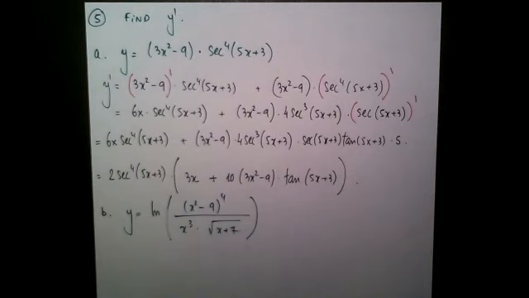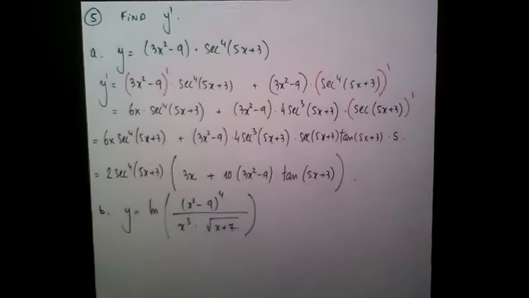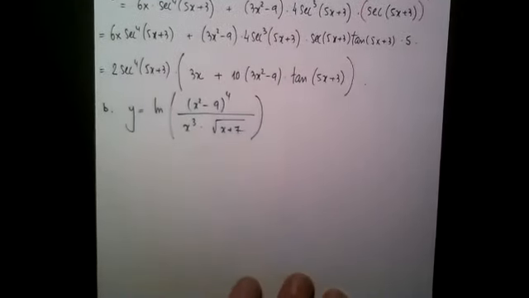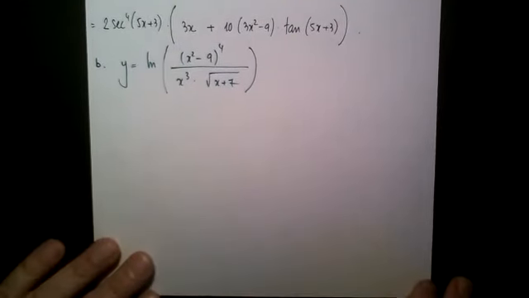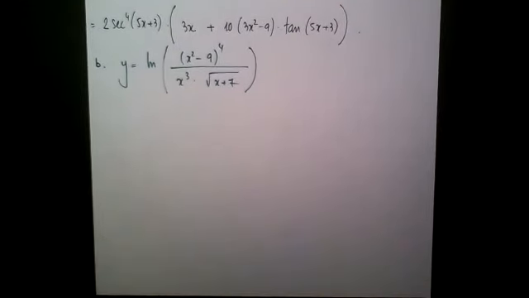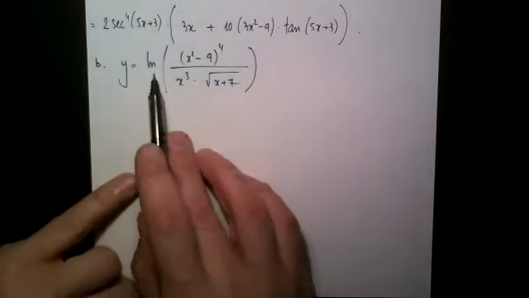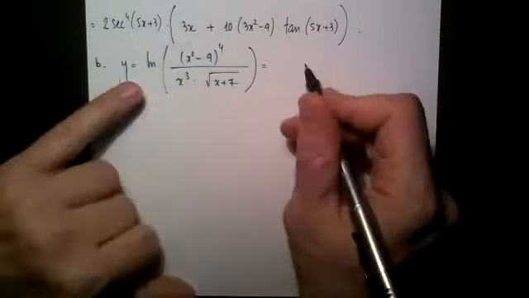What do you suggest we do here? You could do ln of the numerator minus the ln of the denominator. Very nice. Okay, so let's use the properties of lns before doing the derivative.